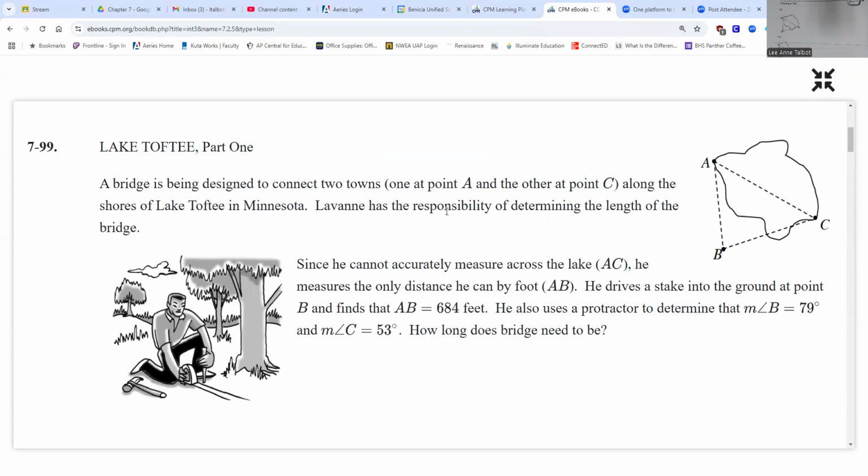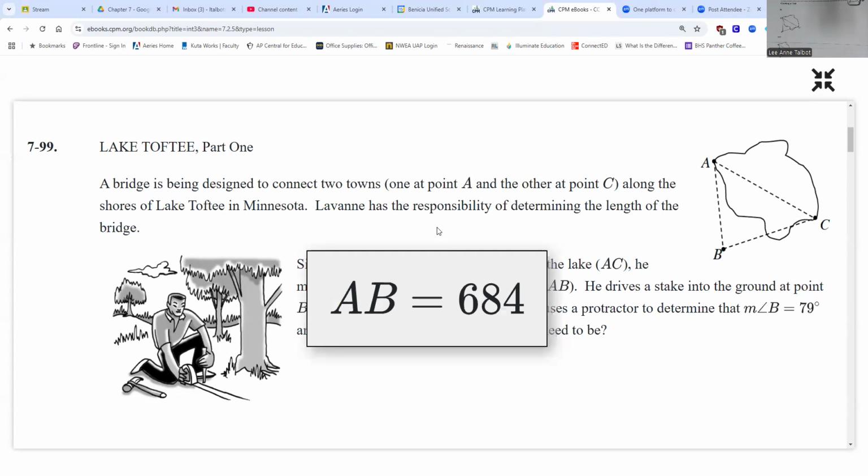Levon has the responsibility of determining the length of the bridge. Since he cannot accurately measure across the lake, AC, he measures the only distance he can by foot, AB. He drives a stake into the ground at point B and finds that AB equals 684 feet. Okay, so on your triangle, between A and B on the side of the triangle, write 684.